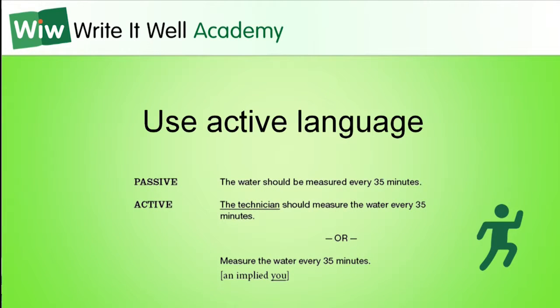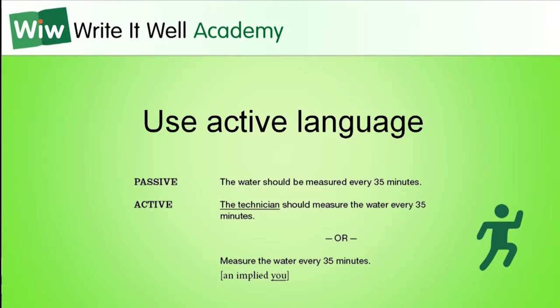Or, where it becomes very important is in directions or procedures, which is one of the reasons we've included this content, because when you are writing a procedure, it's most important to use active language. So passive reads like this: the water should be measured every 35 minutes. Now, it's not at all clear who should measure the water every 35 minutes.